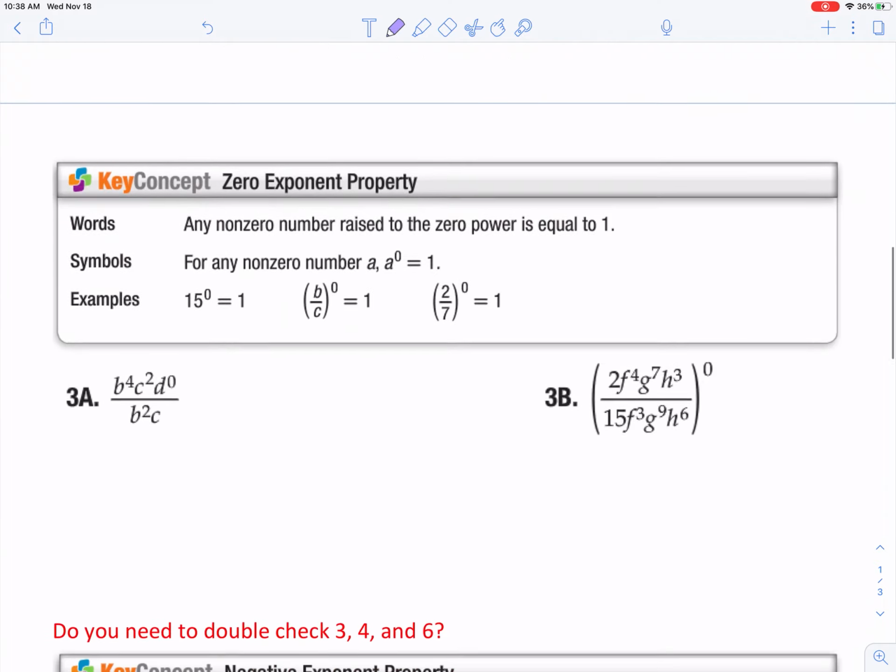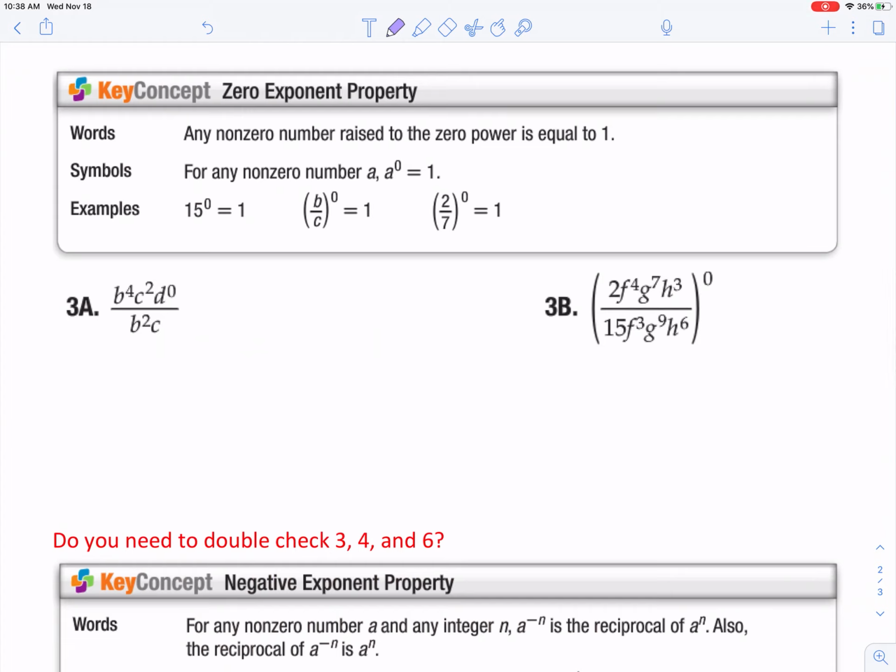So here's the next thing I need you to know. If you have an exponent of 0, that cancels. So think about for a minute how that works. If I have, well, let's see, I'll do my x squared y over x squared z, let's say. So what you really have is 2 x's on both the top and the bottom.